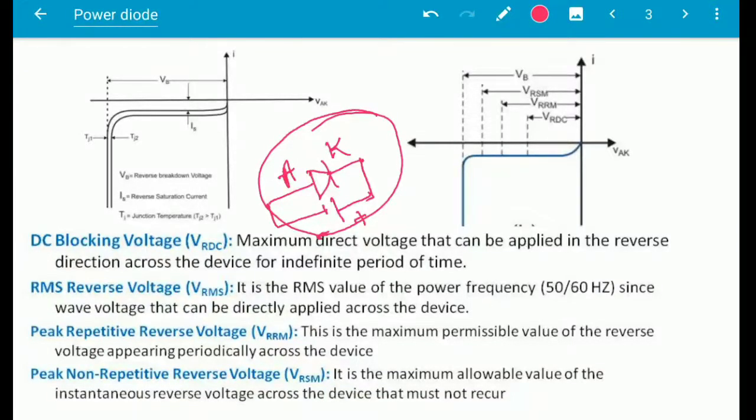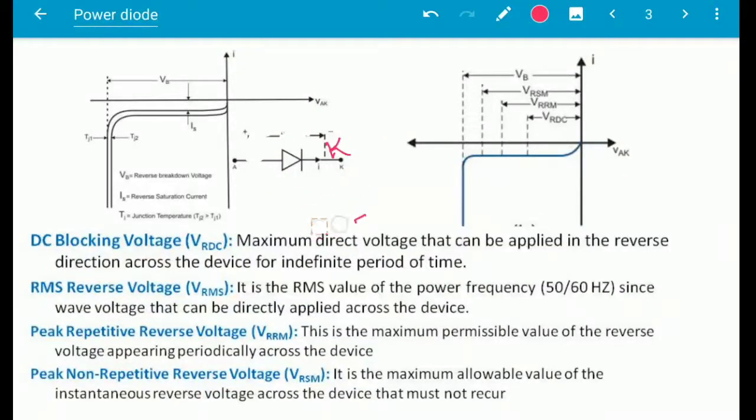So these are the definitions I have given here. DC blocking voltage: the maximum direct voltage that can be applied in the reverse direction across the device for an indefinite period of time. Next comes RMS reverse voltage.